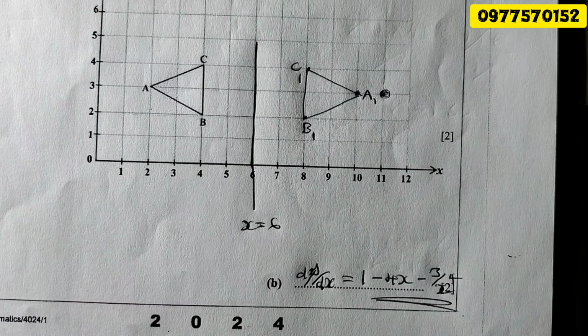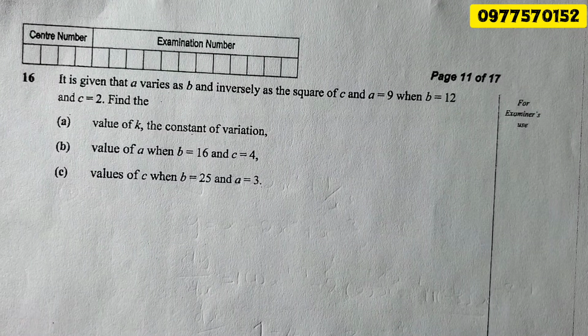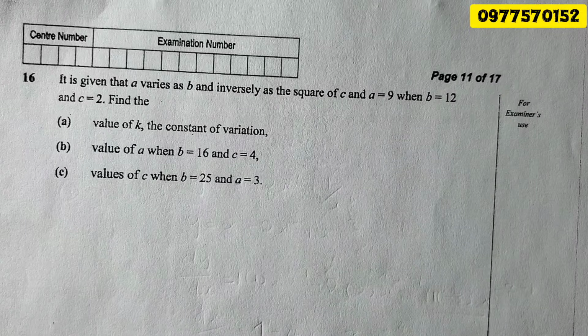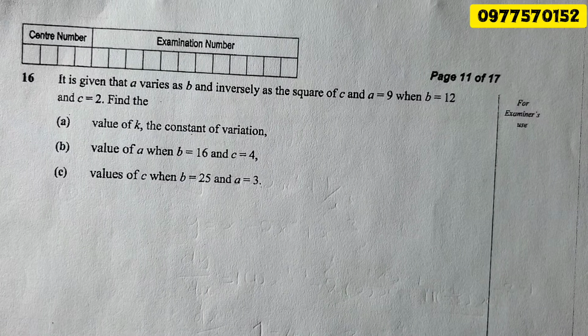Let's go to question 16. Question 16 is under variation. It reads, it is given that A varies as B and inversely as the square of C, and A is 9 when B is 12 and C is equal to 2.